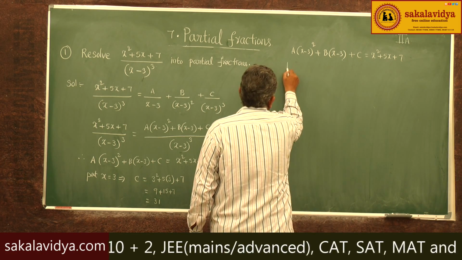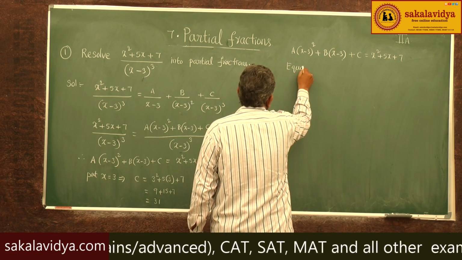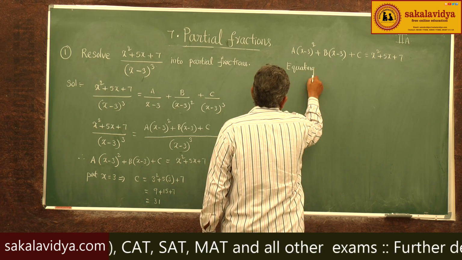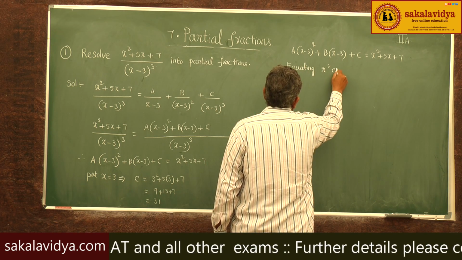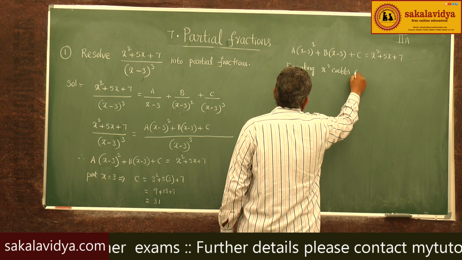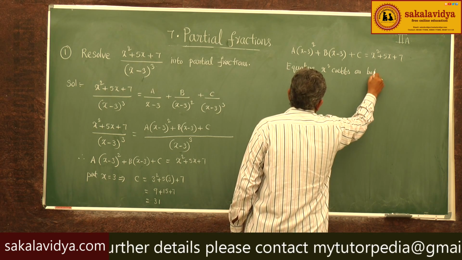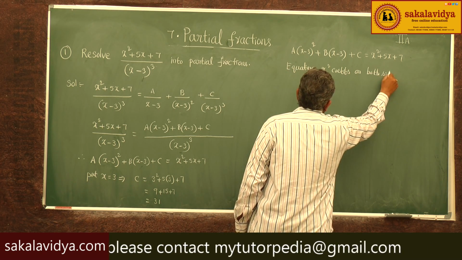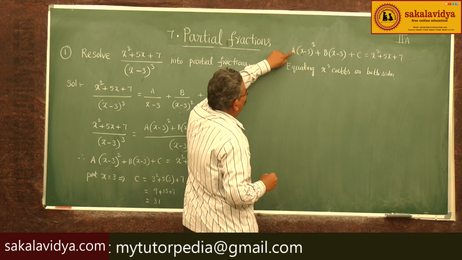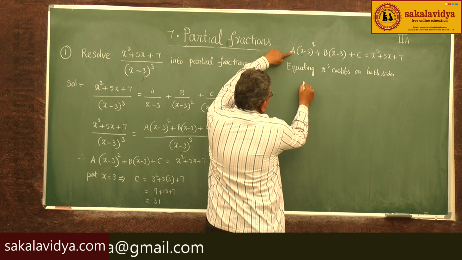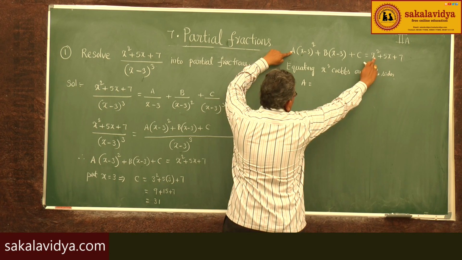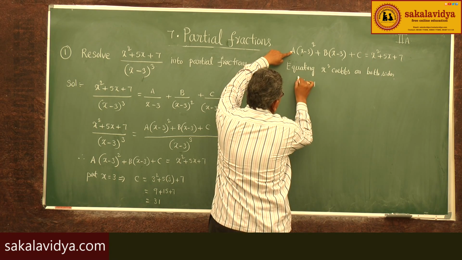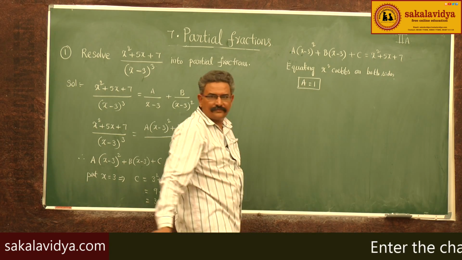Now, equating x square coefficients on both sides. Here the x square coefficient is a. So a equals, here the x square coefficient is 1, so a equals 1, we get it.